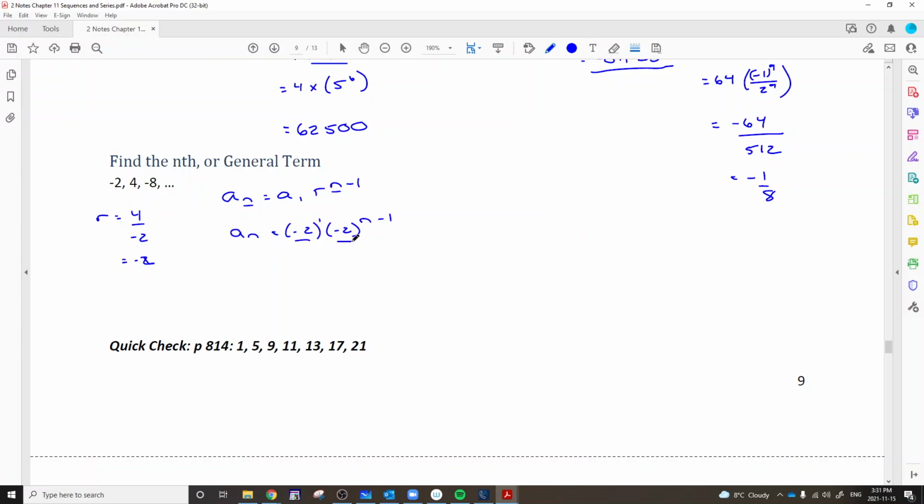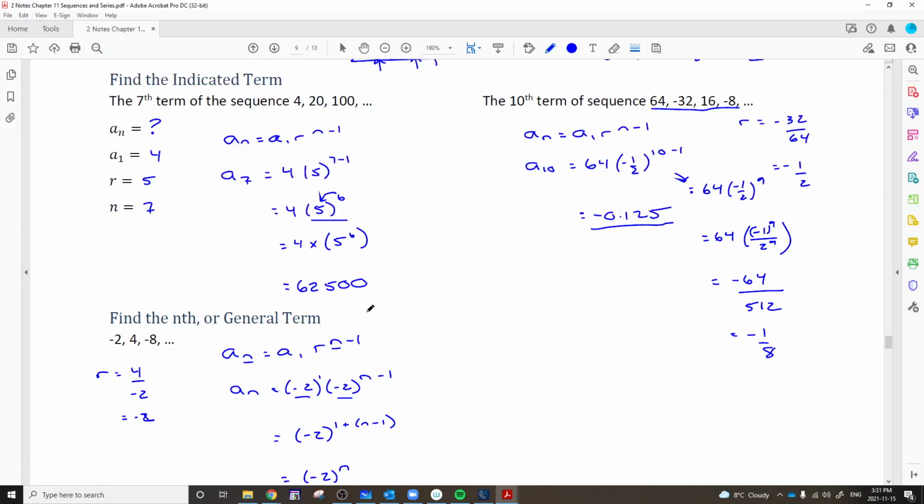When multiplying powers of the same base, you can add the exponents. So 1 plus n-1 simplifies to -2 to the n. Make sure you have the brackets, because it's -2 to the exponent, not just the 2, but it does simplify to that. I find that takes a little bit of practice.